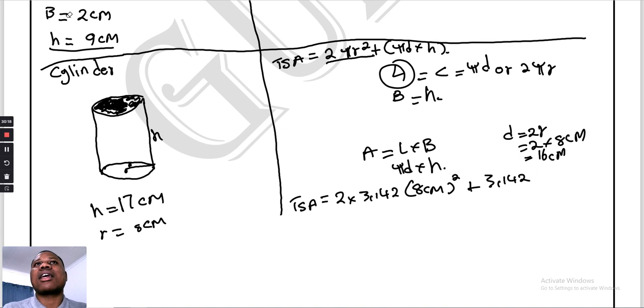We can say 3,142 multiplied by diameter 16 centimeters squared multiplied by the height of 17 centimeters.